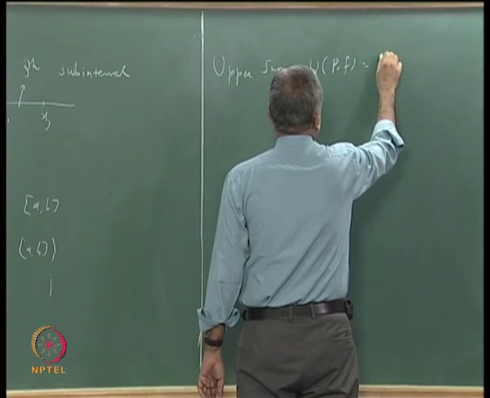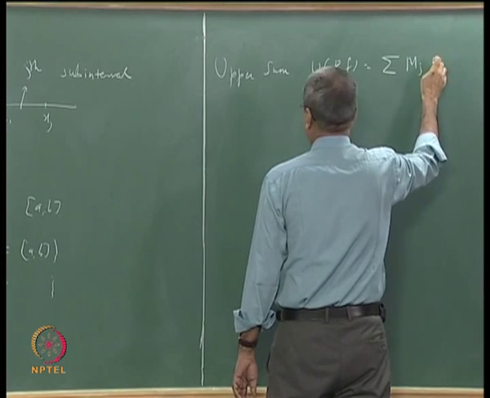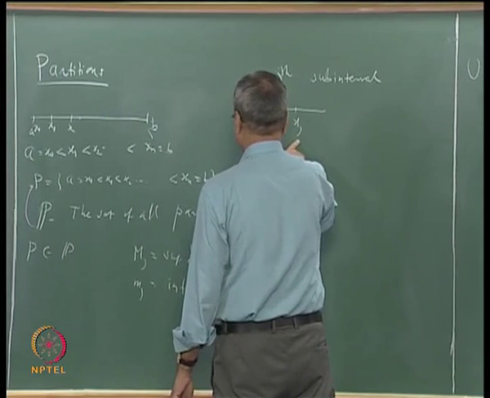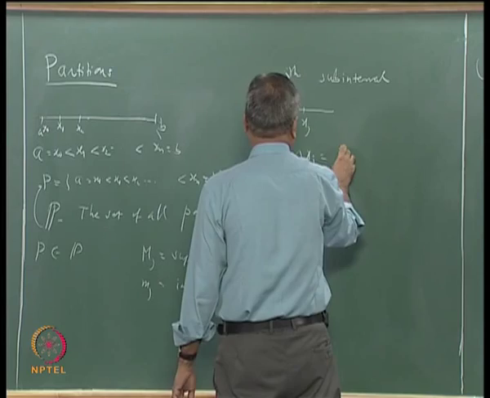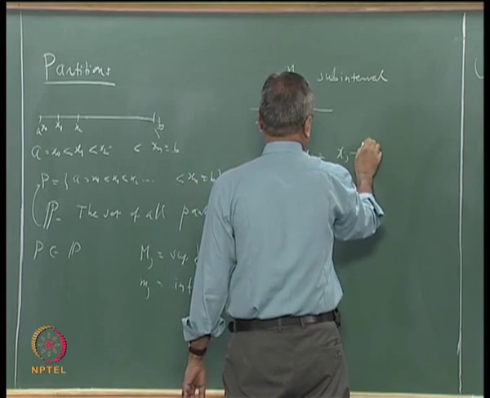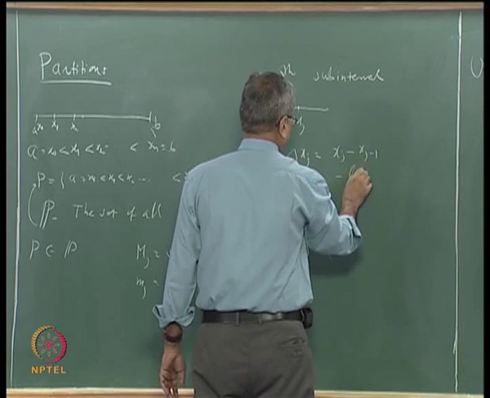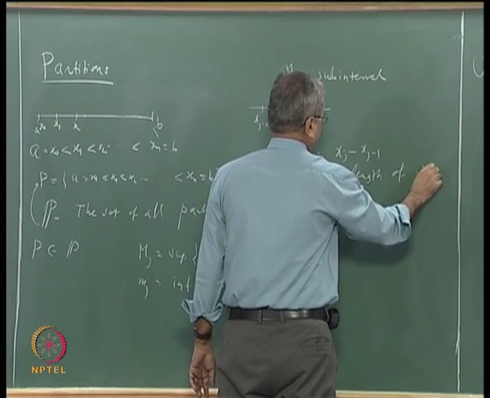This is nothing but the sum of Mj multiplied by, one more notation for the length of the jth subinterval, delta xj. Delta xj is nothing but xj minus xj minus 1, that is, the length of the jth subinterval.